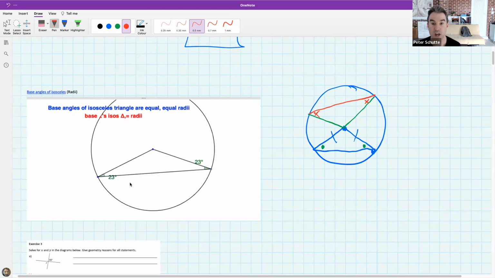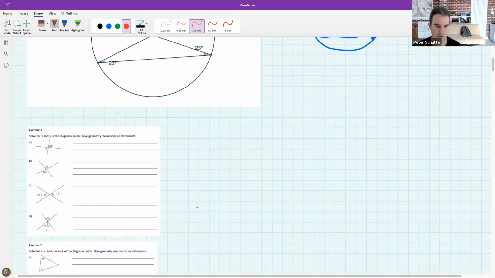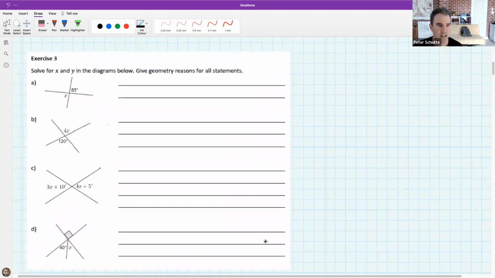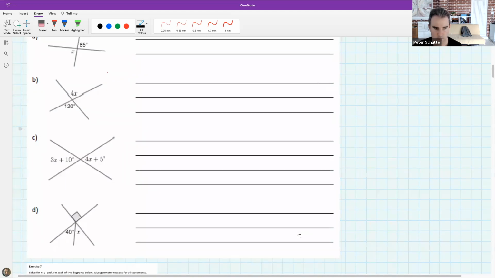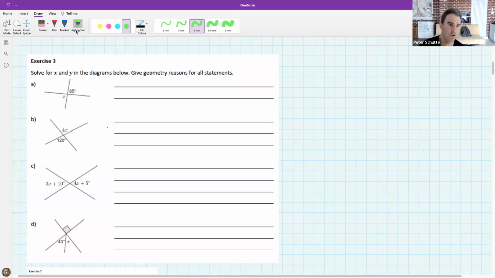Okay, we'll get back to circles in a second. Let's go a little bit back to Euclidean geometry first, because I can see we need to warm up to this. I want you to do A and B. What you need to do in A and B is find the value of X in each of these.